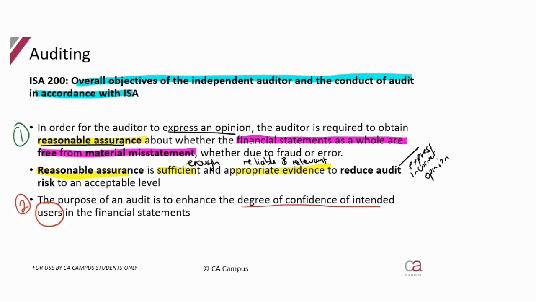Coming from the directors of the company who are able to prepare those financials and put whatever they want in them. They get confidence when an auditor who's independent to the client gives an opinion on those financial statements. And so that is why it is necessary, because users rely on the auditors to say that those financials are free from material misstatement. And guys, users are you and me.